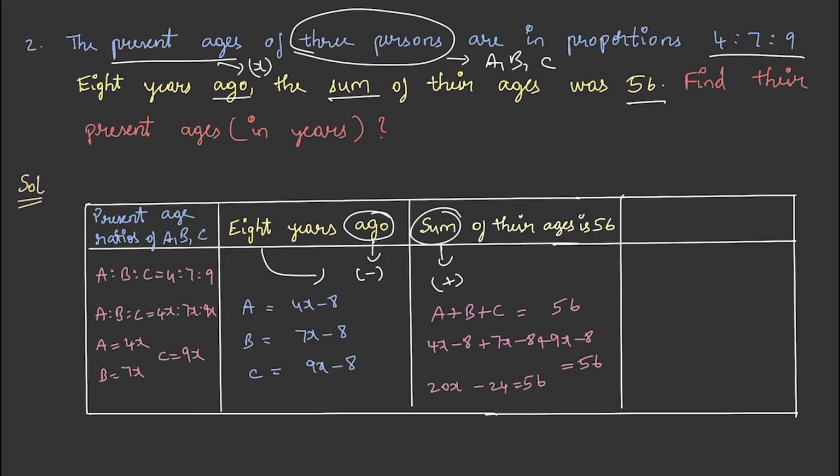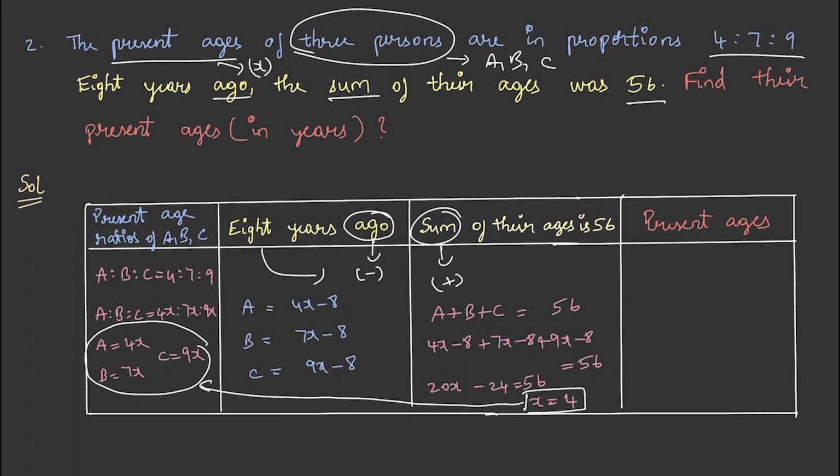On simplification, you will be getting x is equal to 4. And to get the present ages, you have to substitute this value in A, B and C. And the final ages of A, B and C are 16, 28 and 36 respectively.